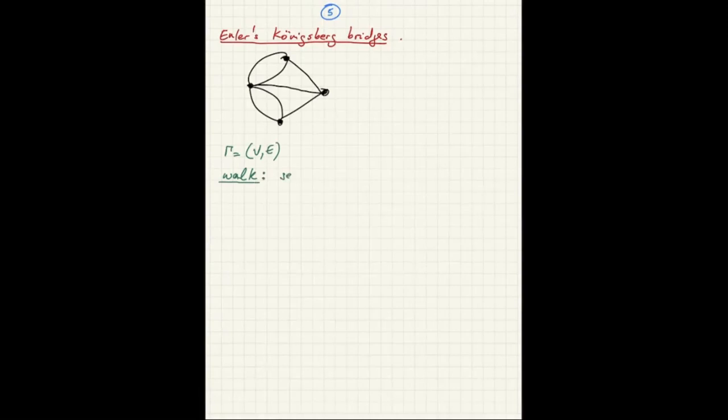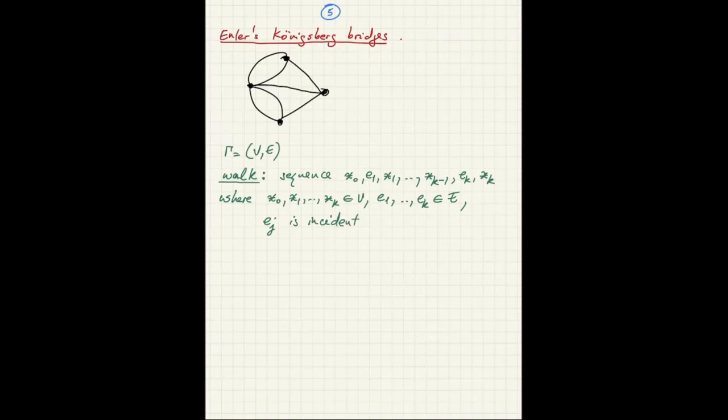A walk is a sequence x0, e1, x1, all the way up to xk minus 1, ek, xk, where x0, x1, xk are vertices, e1, ek are edges, and ej is incident to both xj minus 1 and xj for any j between 1 and k.